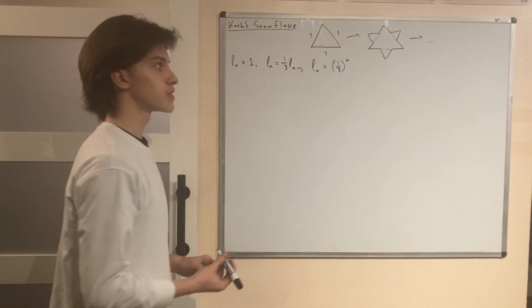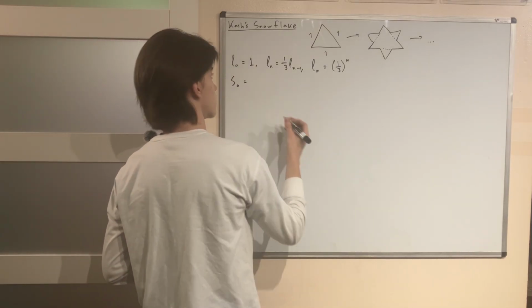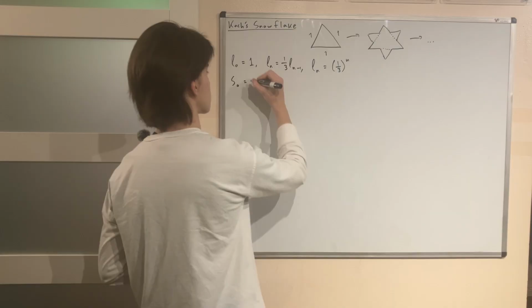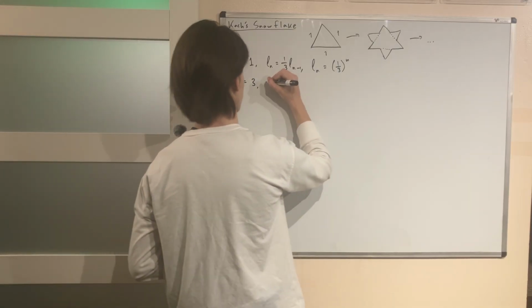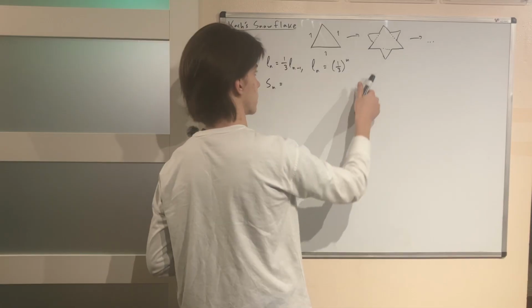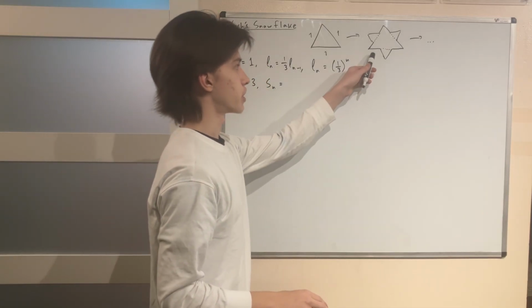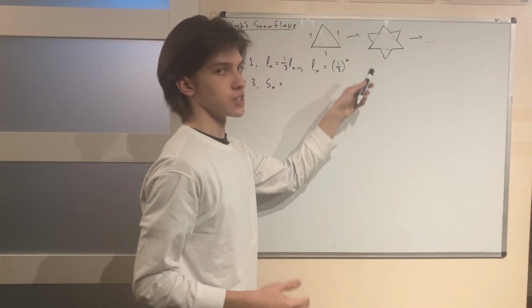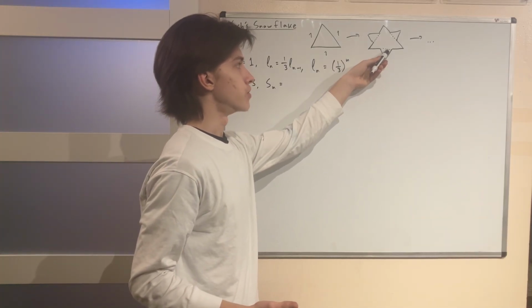Now, for the number of sides, we also have an initial number of sides. I'll call it S of 0. It's equal to, of course, 3, the number of sides in the triangle. And now notice what happens to our sides as we go up. In our process, we first split each side into 3 parts. So here we have our 3 parts. Then we construct a new triangle by adding 2 parts, and then we remove the middle one.